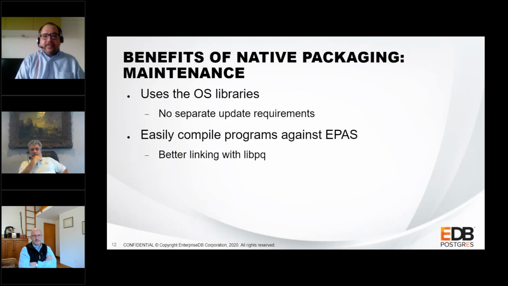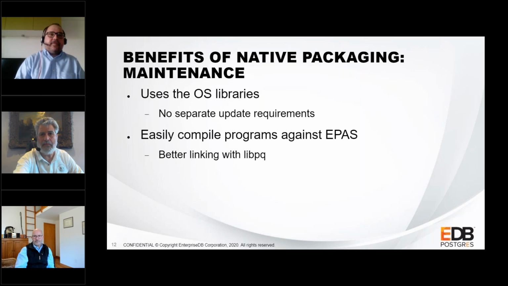One of the things, as we talked about, was maintenance, because it uses operating system libraries. As Bruce mentioned, if you are compiling everything from source, well, you need lots of time. That's fine, but then we are using the operating system library. So in case of a security issue, the operating system vendor should be able to handle it, right?